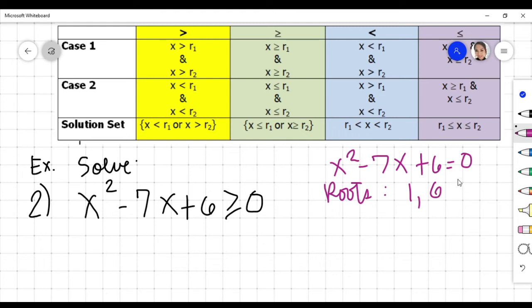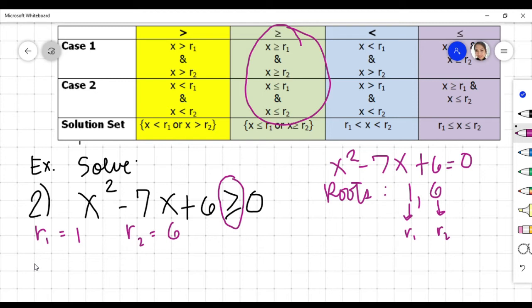So since 1 is smaller, this will be our R1 and 6 will be our R2. So R1 is 1 and our R2 is positive 6. So take note of the inequality symbol. It is greater than or equal to. We will make use of these cases here.